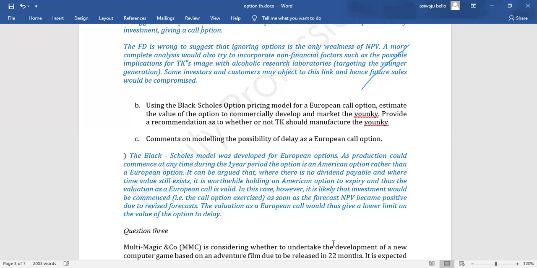If the company exercises its right within 12 months, that becomes an American option contract, and Black-Scholes is not developed for American option contracts. So that is the explanation to that requirement.